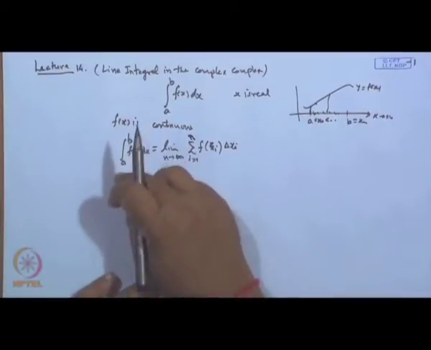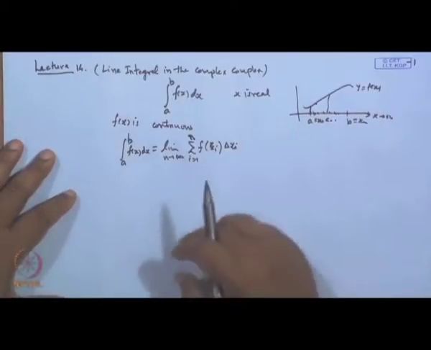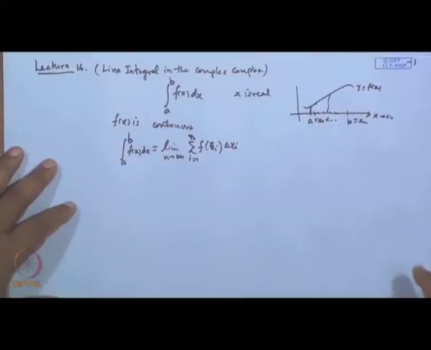Now, without the limits a to b, we get the indefinite integral like this. We want to extend this idea to a function of a complex variable.